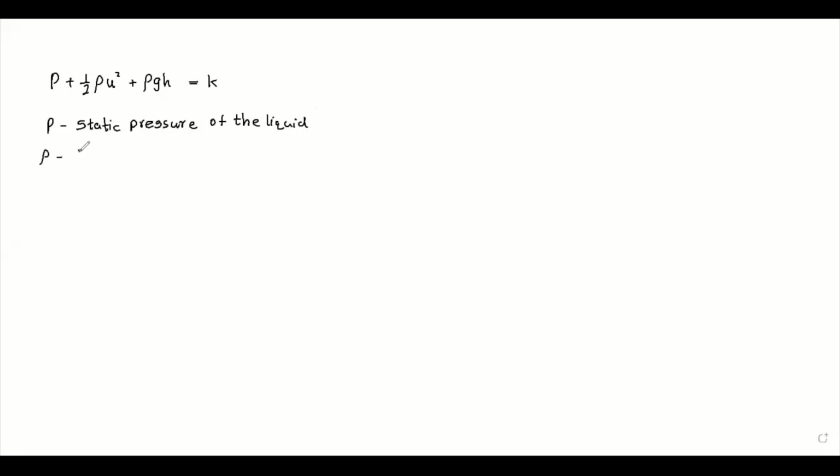Rho is the density. U is the velocity, or we can say speed of flow.